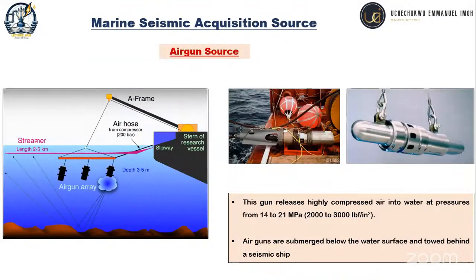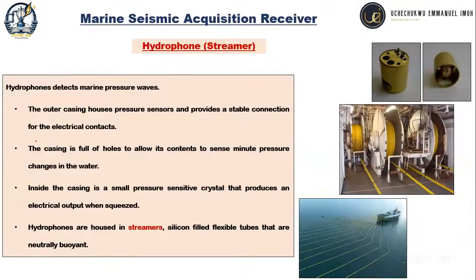In terms of the source, we talked about the air gun, the predominant source that is used in marine seismic acquisition. Then we looked at the receiver, which is, number one, the hydrophones that are encased within the streamer lines, and they are spaced as required within these yellow tubes, which we call the streamer.